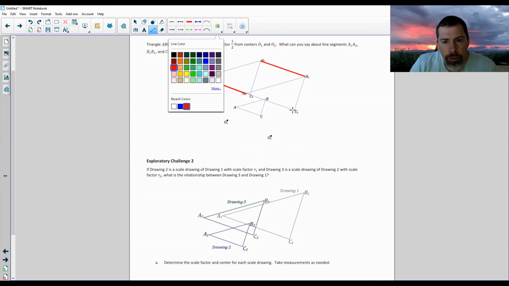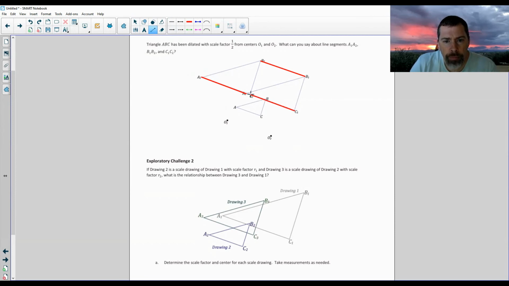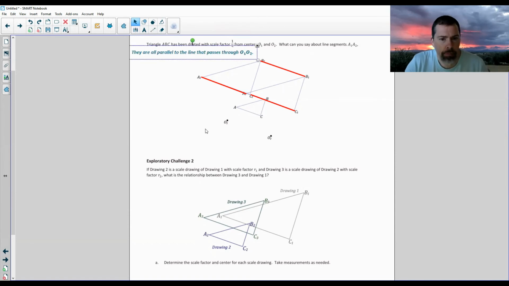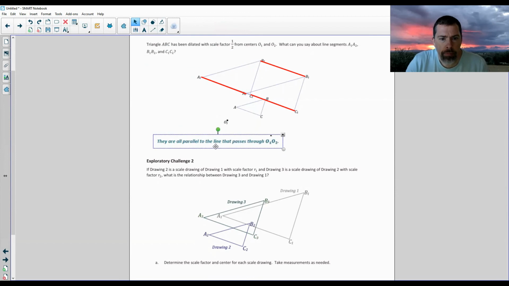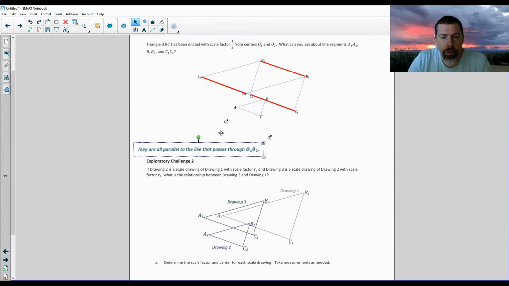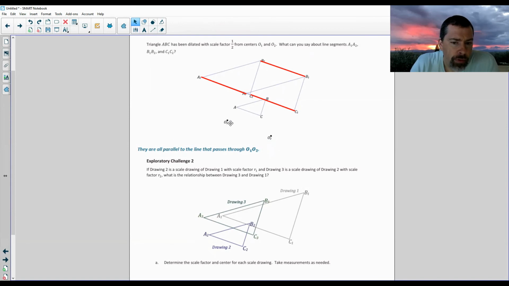C sub 1, C sub 2 is right here. So what can we say about the line segments? These three segments, they are parallel to the line that passes through this.